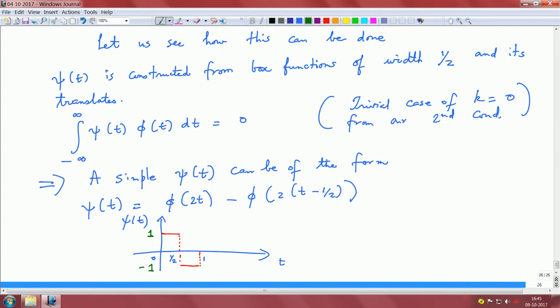This definitely is orthogonal to phi of t, which is this.